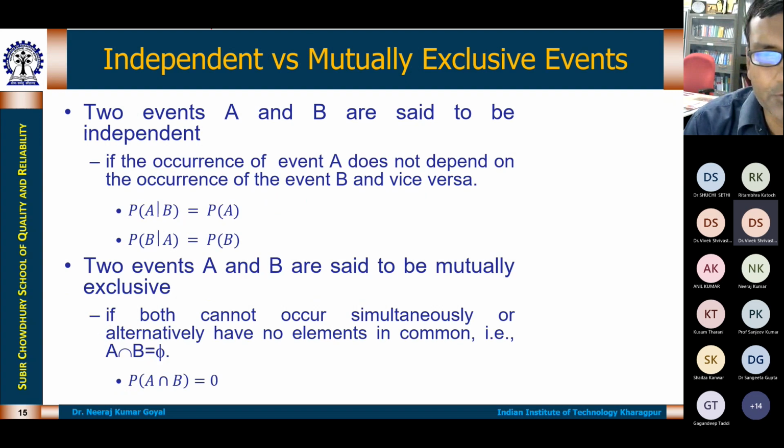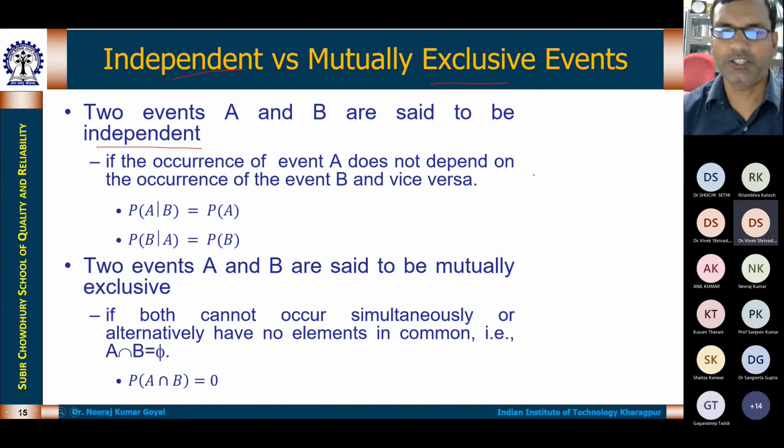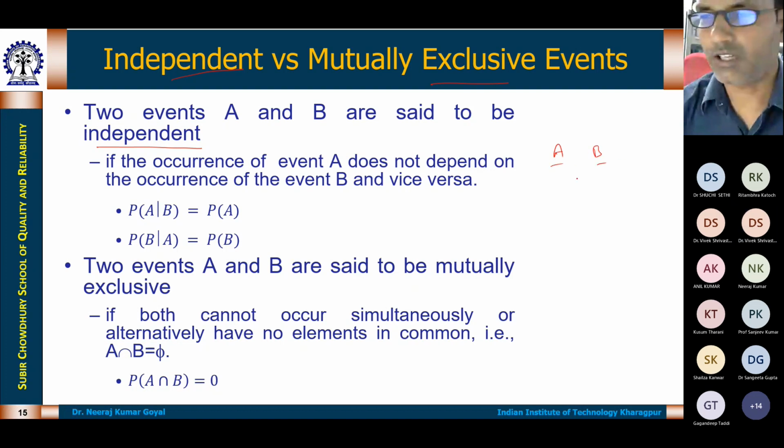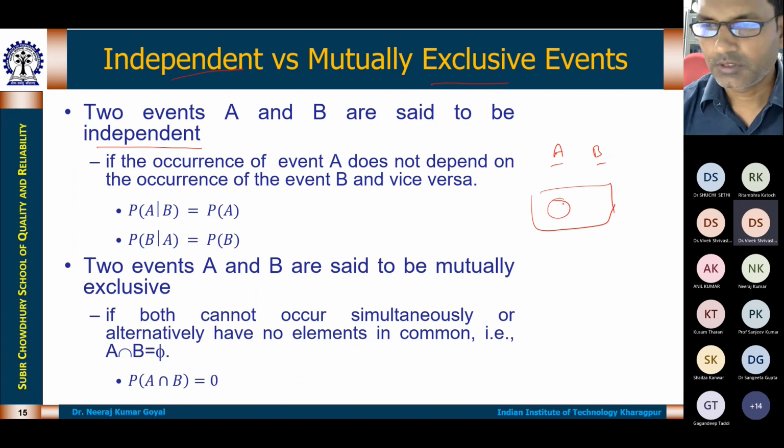There are two types of terms which we come across. One is independent and another is mutually exclusive. What is meant by independent? As we understand, if two things are independent, that means one will not influence the other. Independent means influence is not there, right? So if two events are independent, then what will happen?